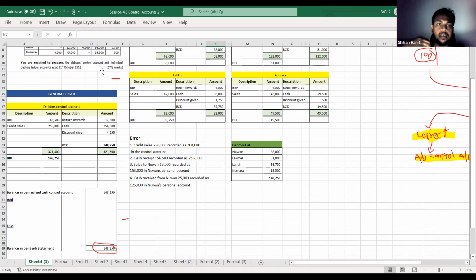And if it is in the reconciliation, is it a plus or a minus? Think.